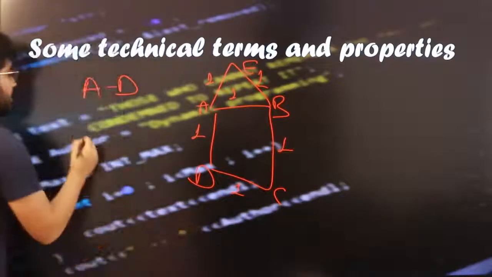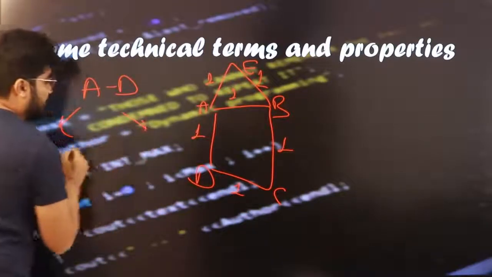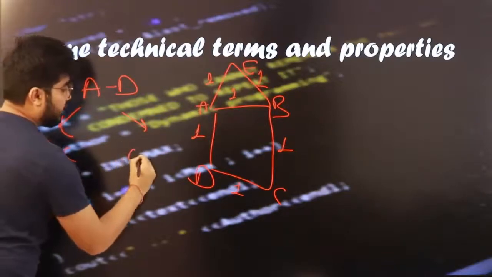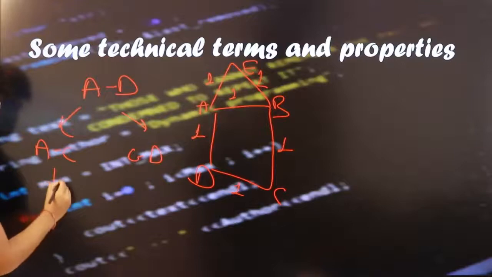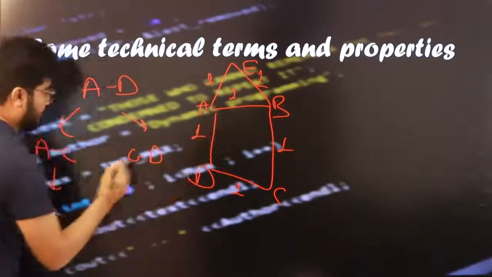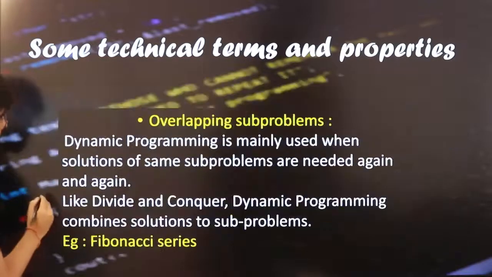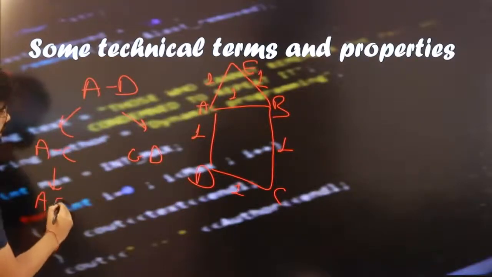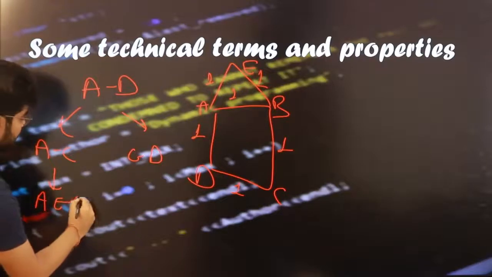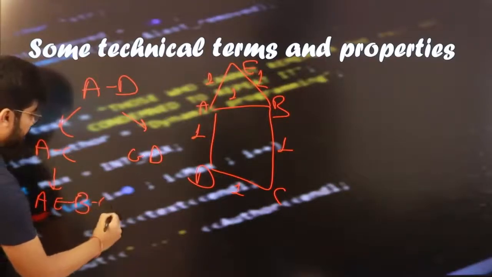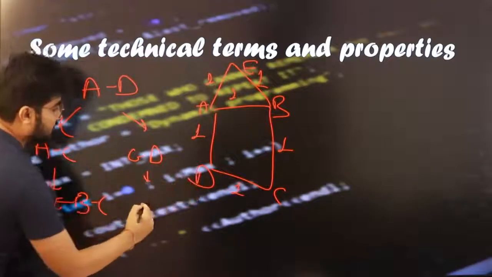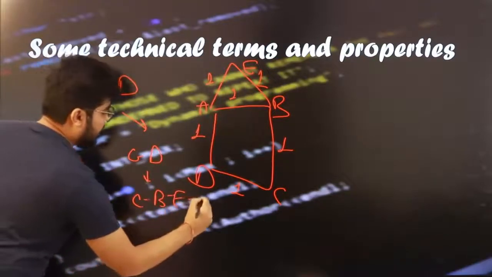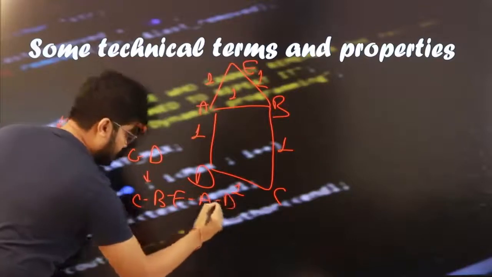We divided into two subparts, which were A to C and C to D. Now for A to C, we find the largest path. One of them will be A to E to B to C. And from C to D, the largest path will be C to B, E, A, D.